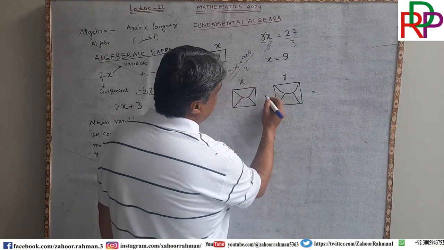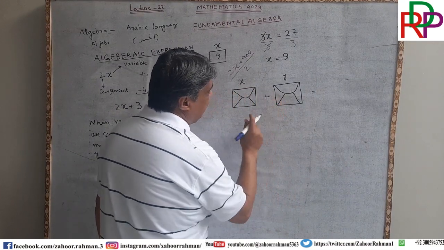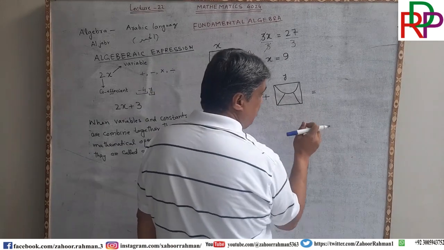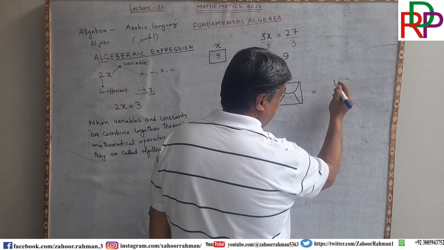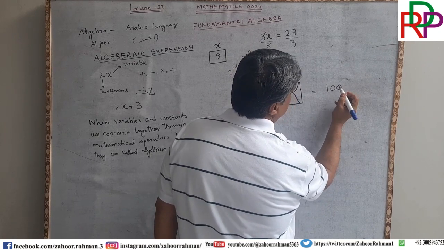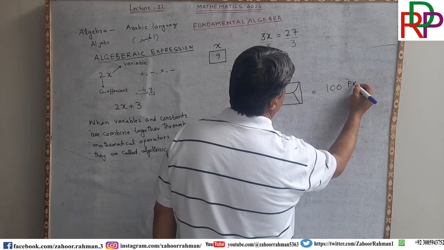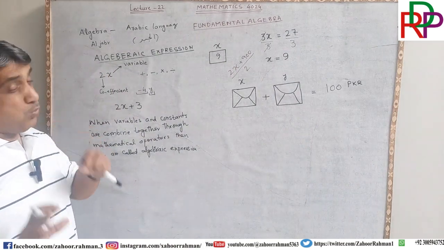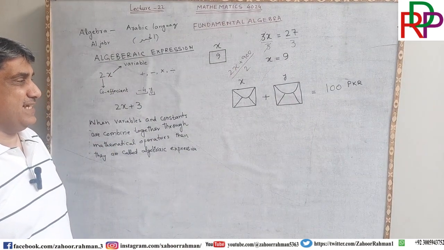For example, they are saying if we add the values of these currency notes, it comes out to be 100 Pakistani rupees. That is one condition they gave us.